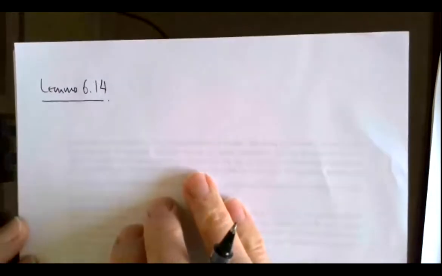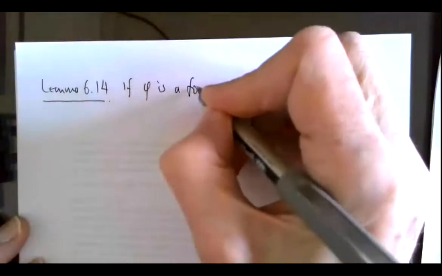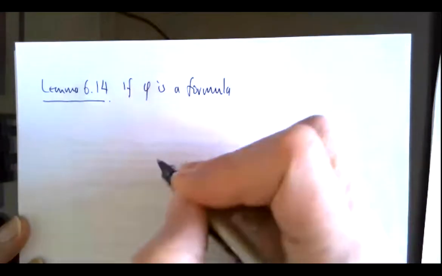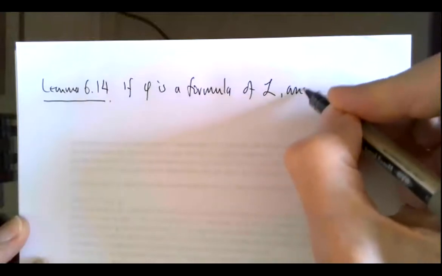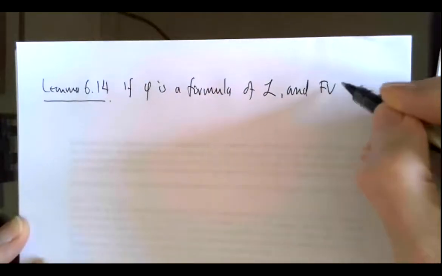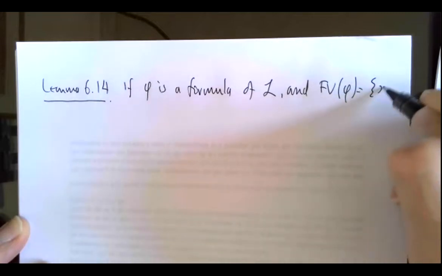So 6.14. Phi is a formula of the language, and let's suppose the free variable of phi is x.